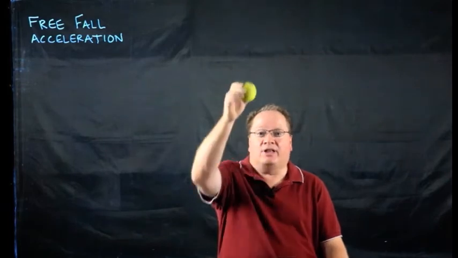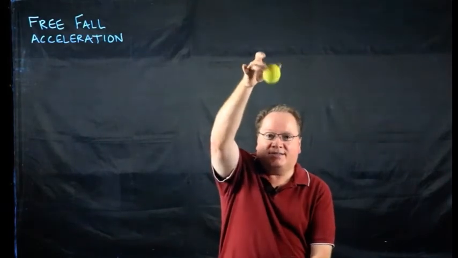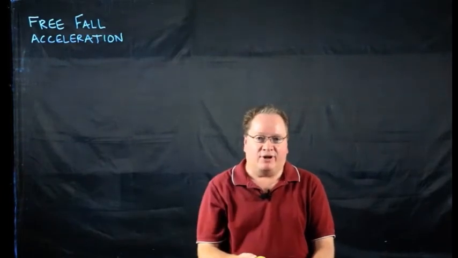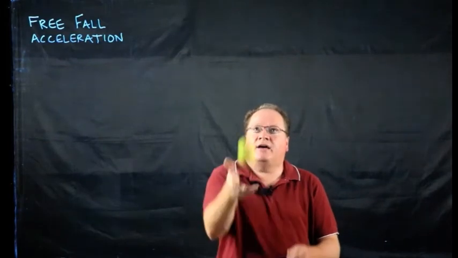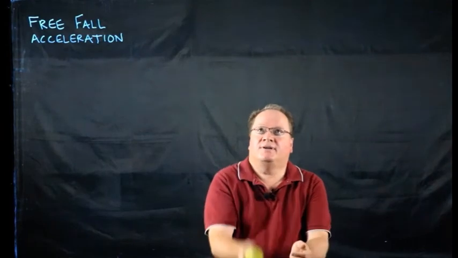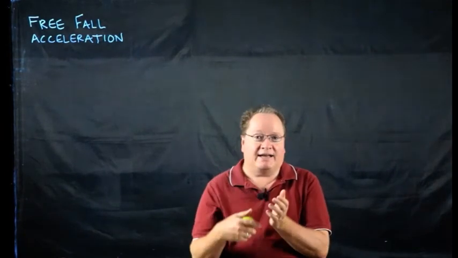Sad, really. But let's just say that instead of allowing the ball to simply fall from rest, instead of allowing just that free fall to occur, I'm taking the ball and instead of just dropping it, I'm tossing it upward. So I'm tossing it upward like so, and then it's coming back down.